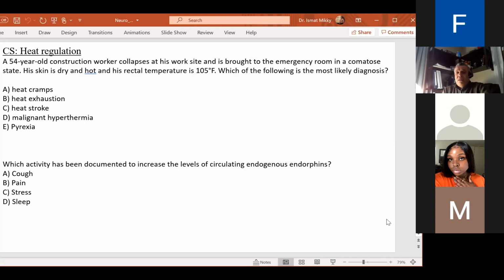Activity to increase the level of endorphins. When we say endorphins, it's a good thing, right? We need endorphins, so it will block the receptors and result in pain relief. In terms of factors, that will be stress.